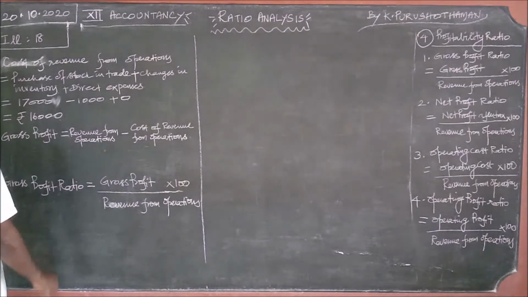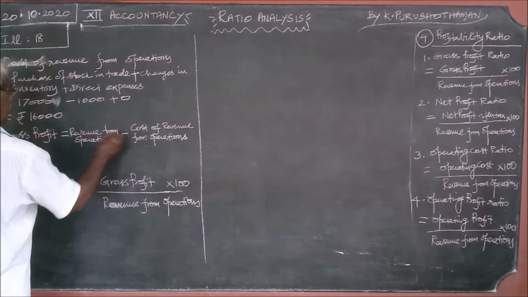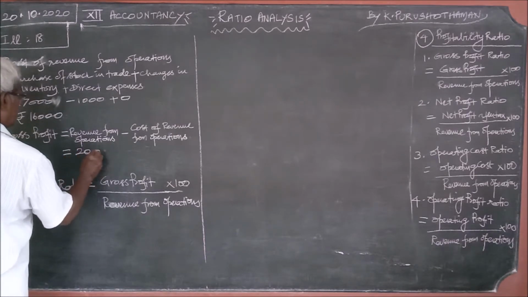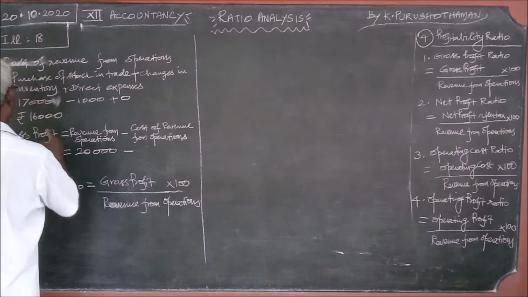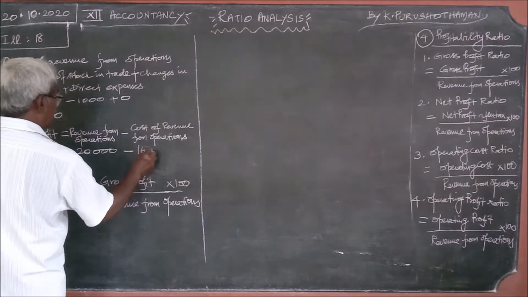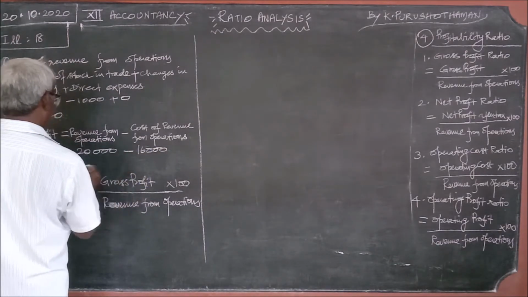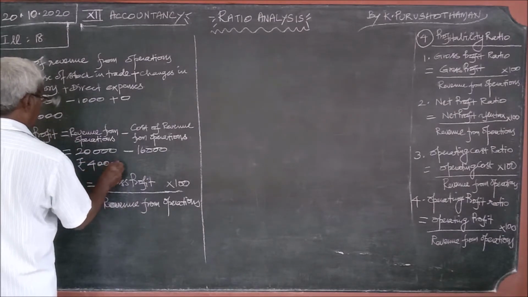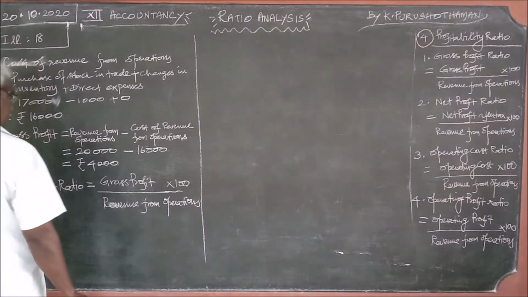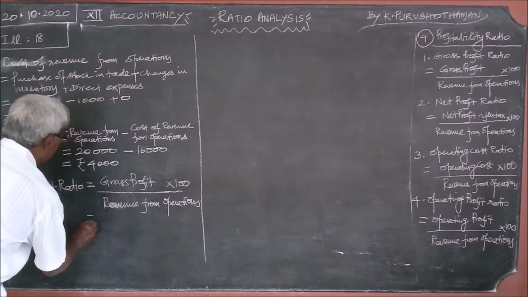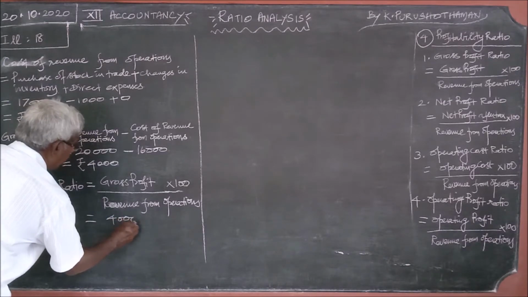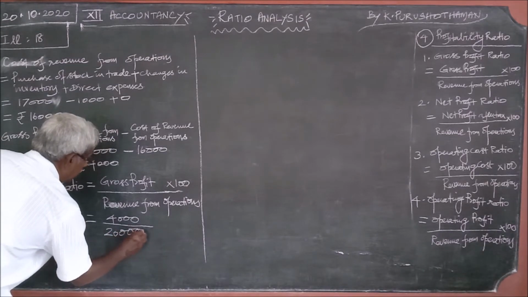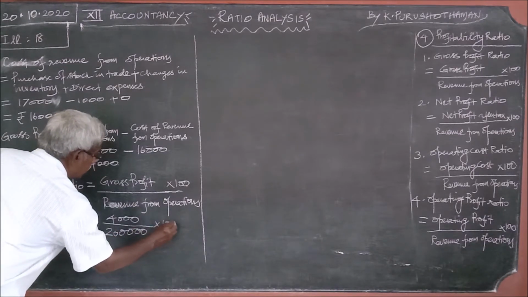This is the cost of revenue from operations. The revenue from operations, it is given 20 lakhs. Cost of revenue from operations, 20,000 minus 16,000 is 4,000. This is gross profit. Now we can find 4,000 gross profit by revenue from operations 20,000 into 100.